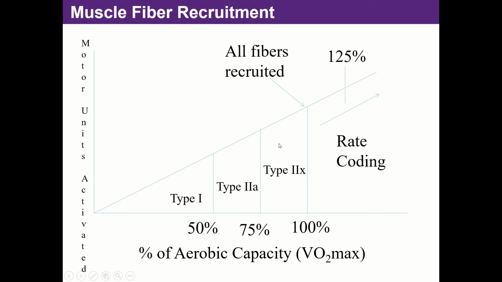They have few to no mitochondria. They are almost entirely anaerobic, right? With training, though, they shift a little bit. They start to synthesize some mitochondria and some capillaries, and so they become a little bit more aerobic, have a little bit better endurance, and become more like the 2A fibers.